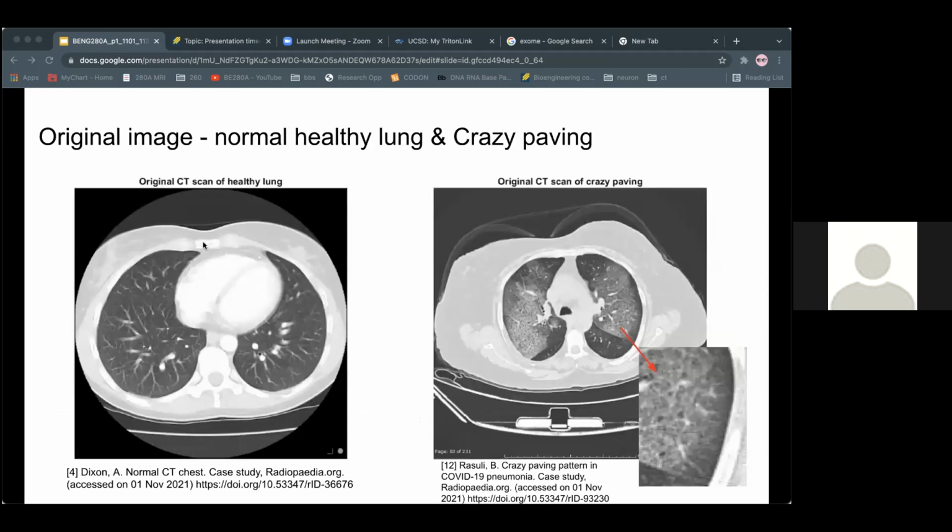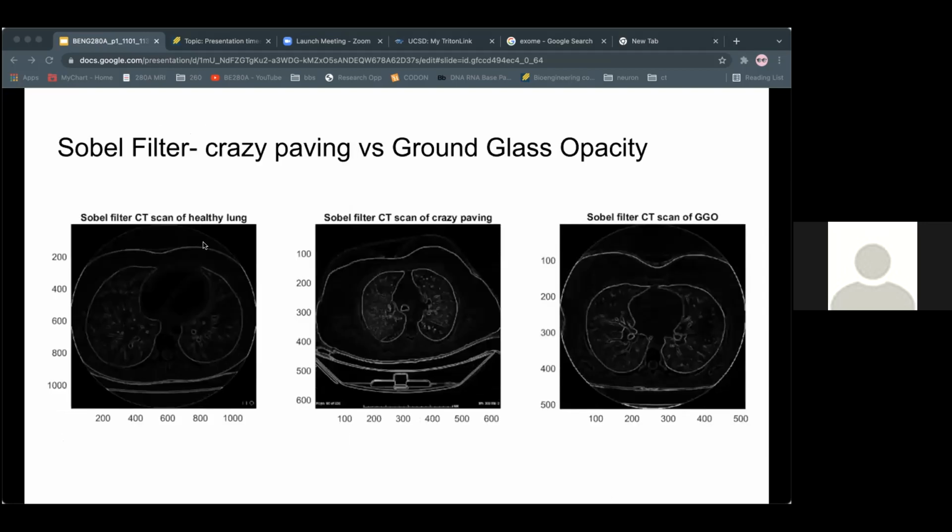We also use the Sobel filter to have a better look at the consolidation. Those are the originals, and the pictures on the right show the consolidation. When we apply the filter, you can see the middle one is the consolidation.